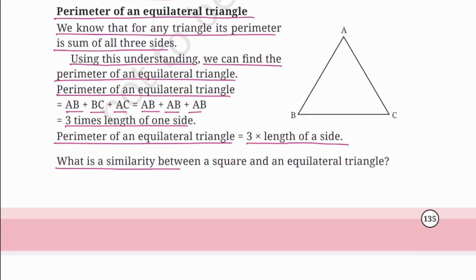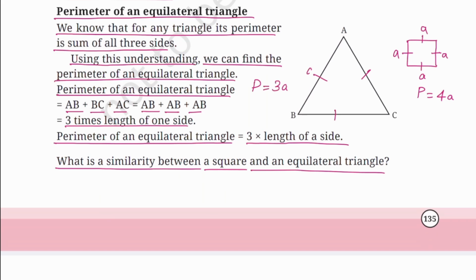What is a similarity between a square and an equilateral triangle? Since a square is a regular polygon having 4 sides, and all are equal, the perimeter will be 4 times side length. In an equilateral triangle, the perimeter is 3 times side length.